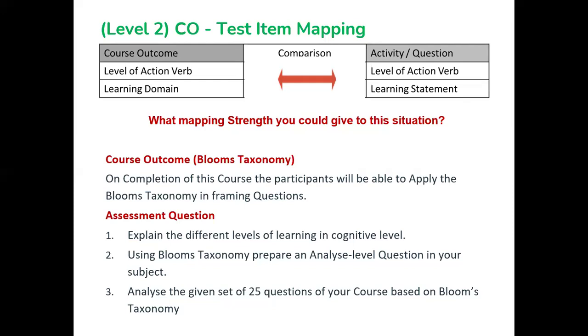And again, the third question: your CO is only apply level, and your target is that every participant should attain that CO, that means level 3 attainment. But why are you asking a level 4 question there? Sir, my understanding is that some slow grasping students will be there.